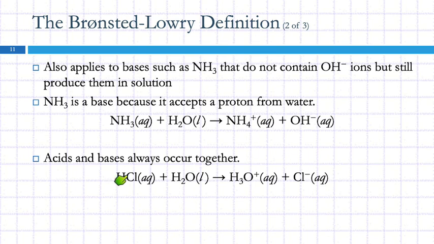So when this acts as an acid, there has to be something else that's acting as the base. Otherwise, it cannot behave as an acid. So here, HCl is donating its hydrogen ion, its proton, to water and making H3O+ and Cl-. You get that idea?